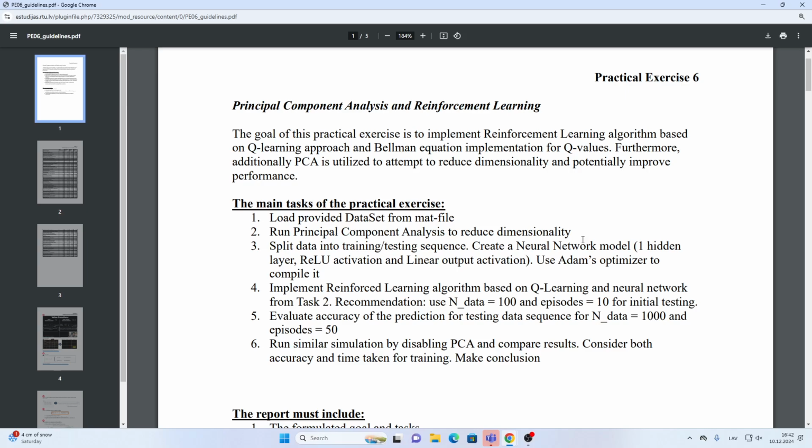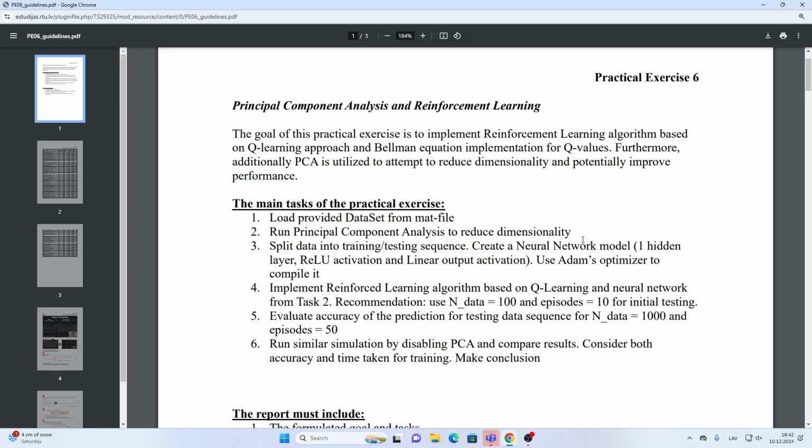The principal component analysis itself is not so difficult, and therefore I don't think it's worth making a separate practical exercise, but it's a nice thing to include in another practical exercise just to see if we will lose any accuracy or if we will have faster model training. Because in this practical exercise, training is going to take a while for the full parameters.